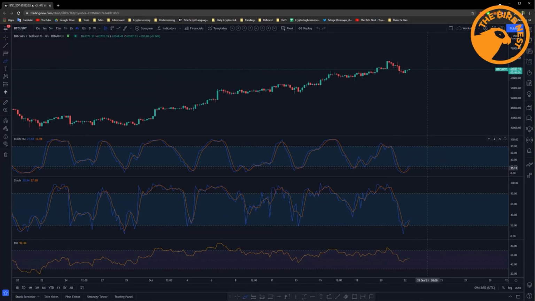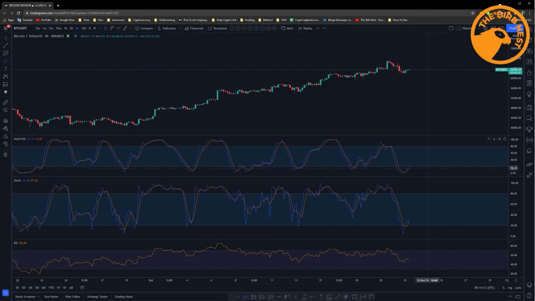So always if you have a signal line, it's often a moving average. So remember that principle of the moving average crossover, where a slower moving average, so a longer period moving average, is being crossed by a faster moving one, so a shorter period moving average, that's when there is momentum.